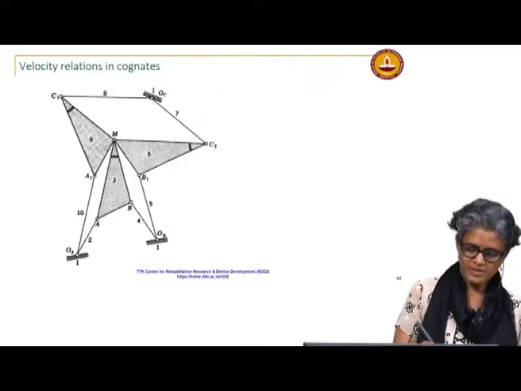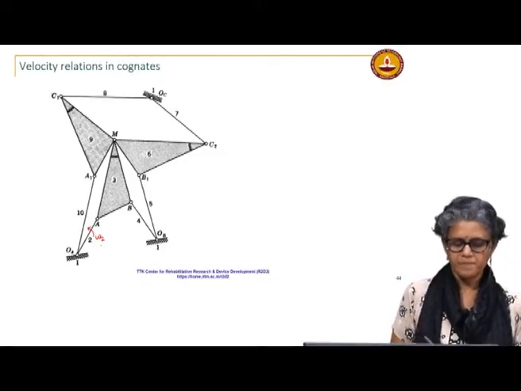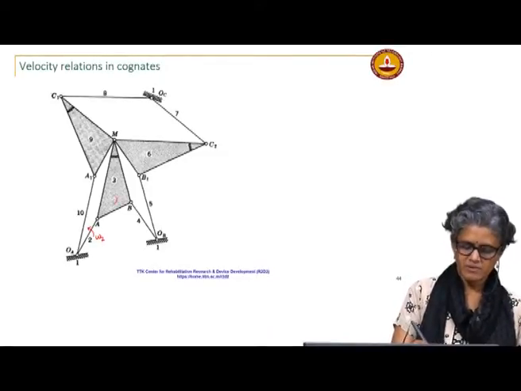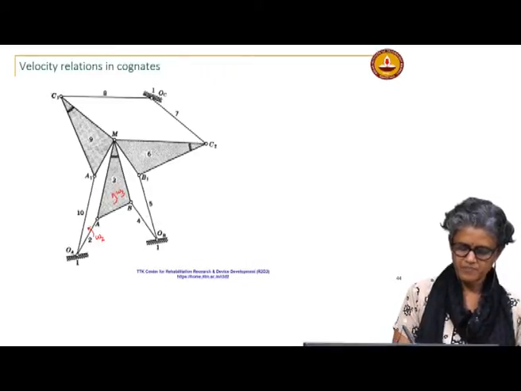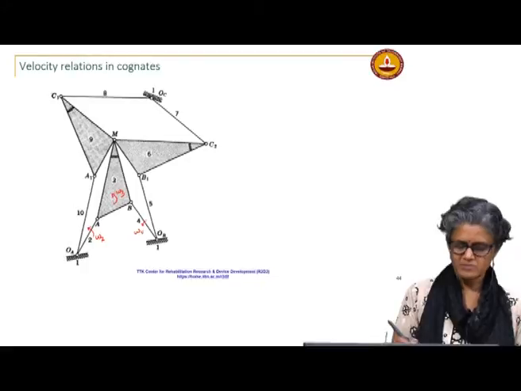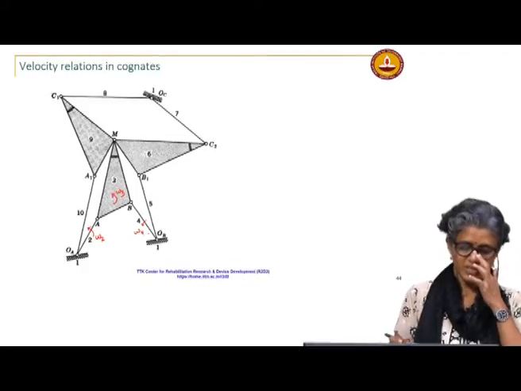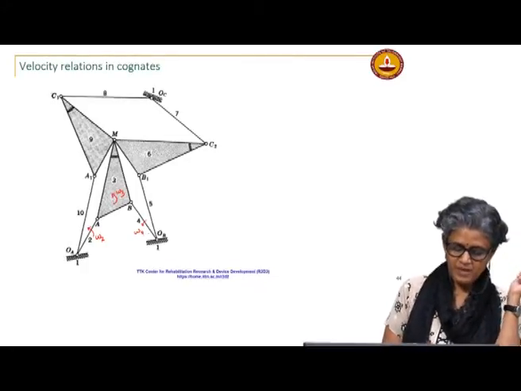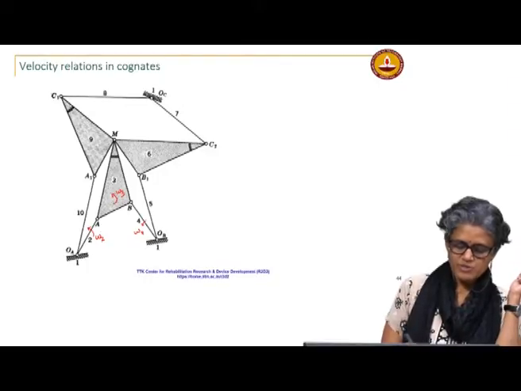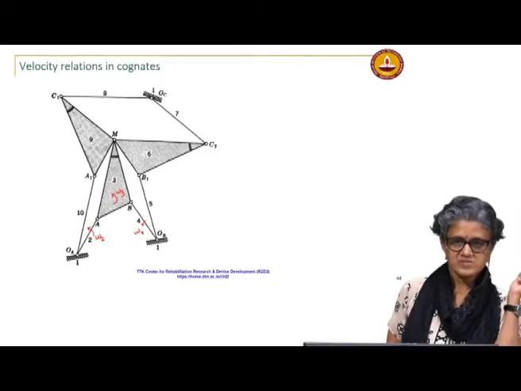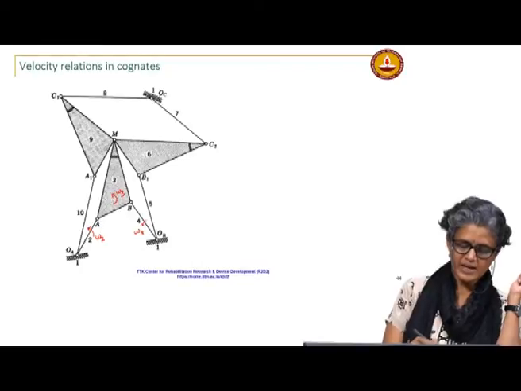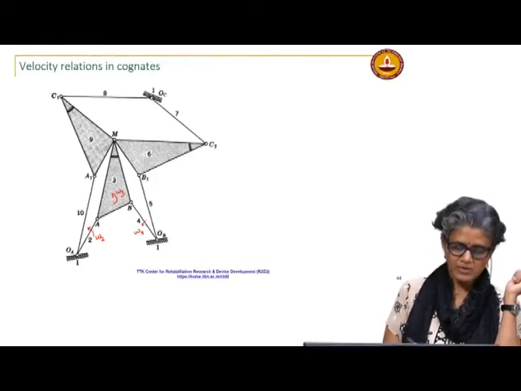So, if you look at omega 3 and say omega 4, I am just assuming they are all, the directions could be different, but in my original four bar I have these velocity relations. I can relate those because of the fact that they are connected by parallelograms.